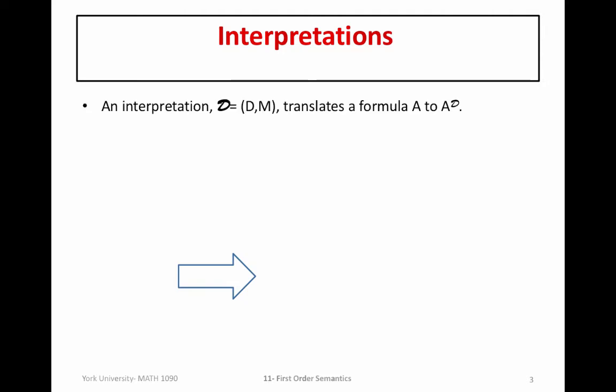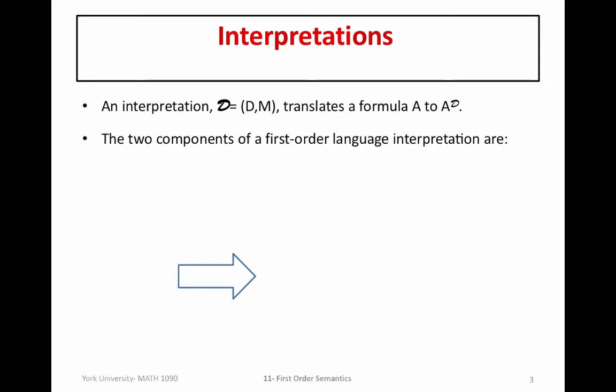So an interpretation is a pair denoted by a script D. We use D because that stands for the domain of this particular interpretation. So we fix a pair D and M, which translates a particular formula into its interpretation with respect to this pair.